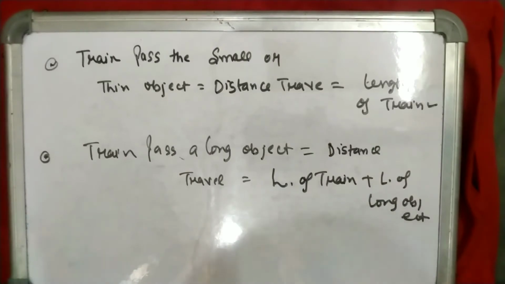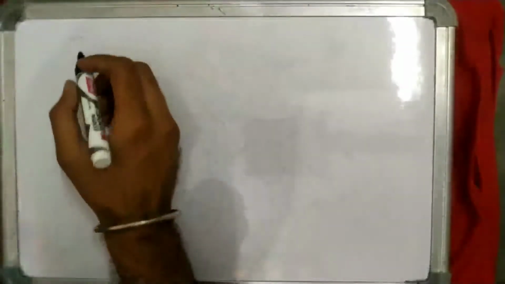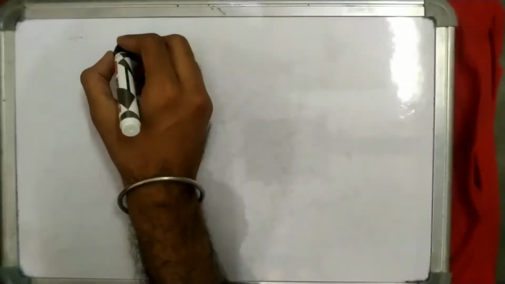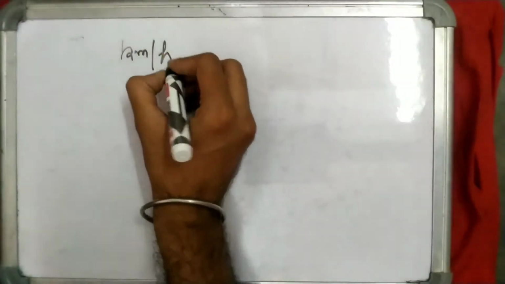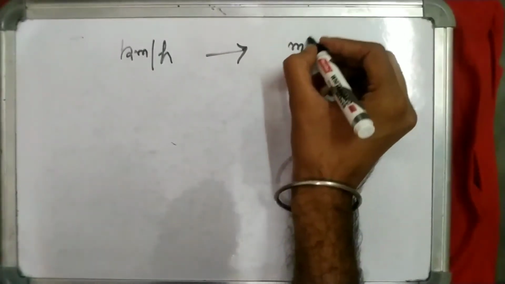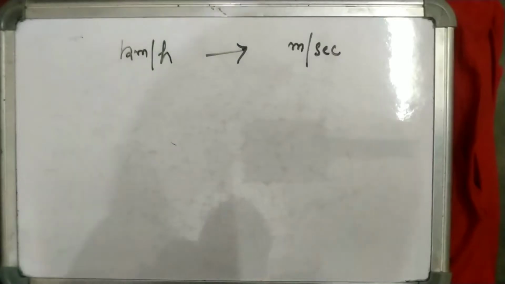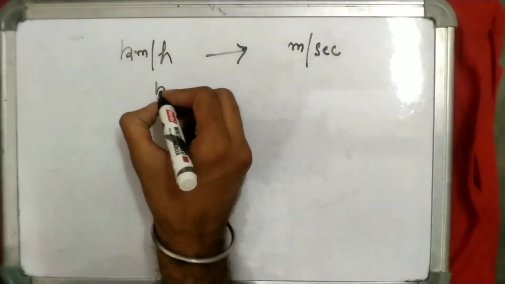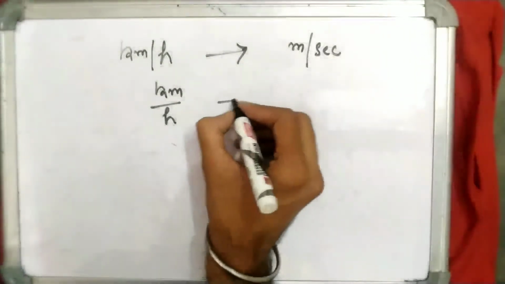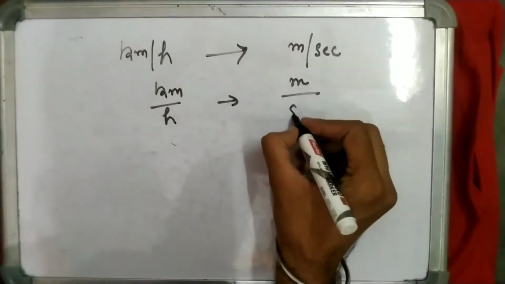Yes, so the question, please. We start the question. I just want to tell you that in train questions, we always get the distance in meters and the time in seconds. So you have to know how we can convert kilometer per hour into meter per second. Kilometer per hour means kilometer divided by hour, and we need meter divided by second.